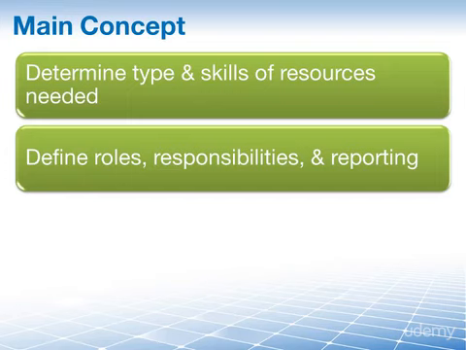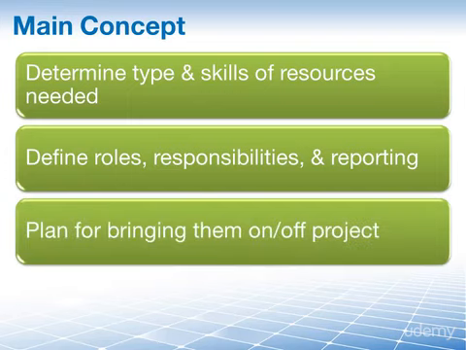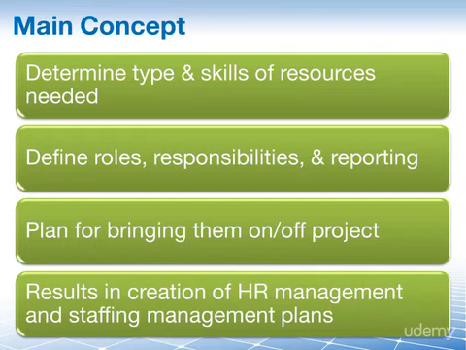Of course, you will also plan for how to bring them on and take them off your project. And the result of this process is the Human Resource Management Plan, as well as its subsidiary plan, the Staffing Management Plan.